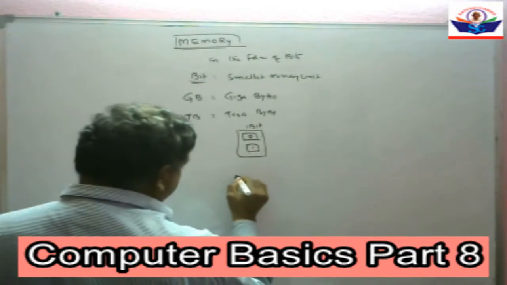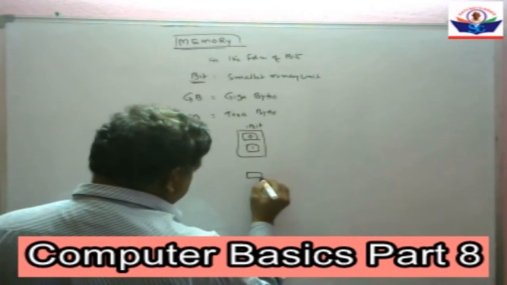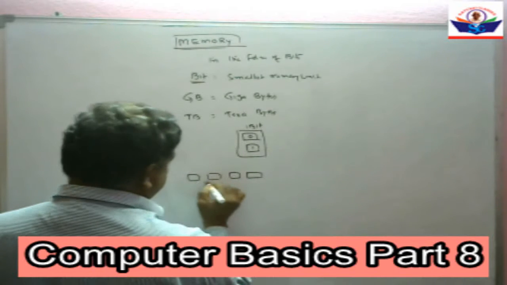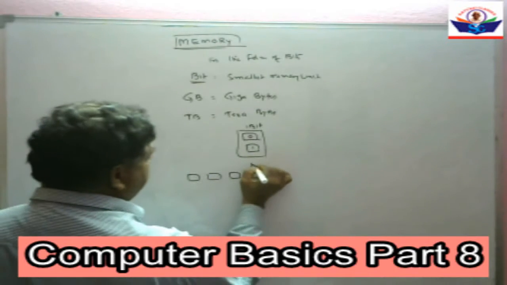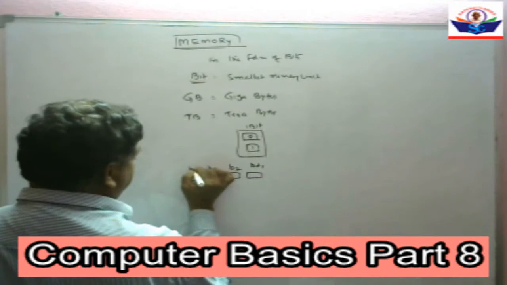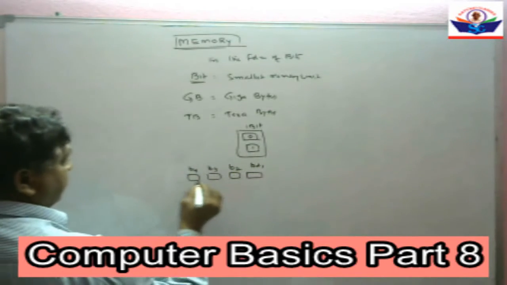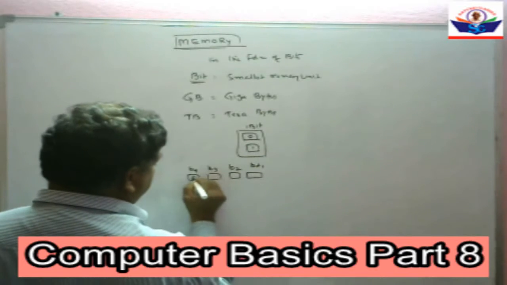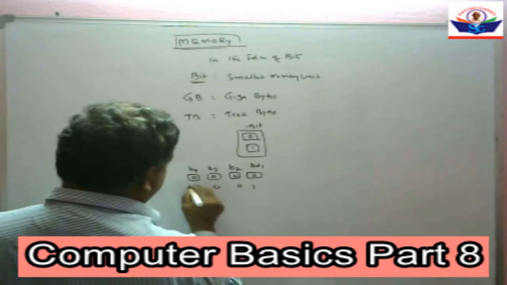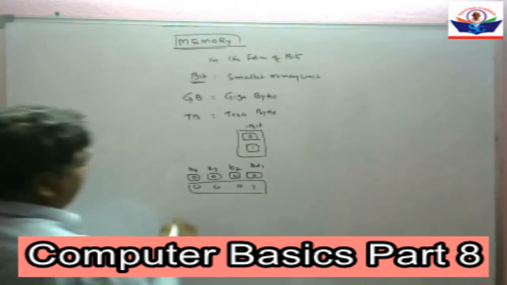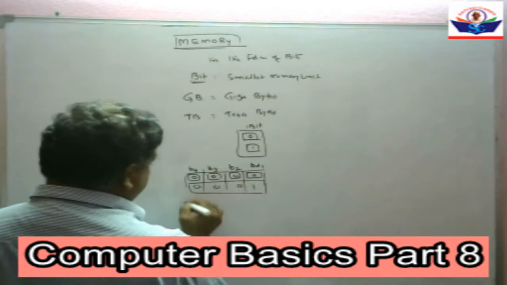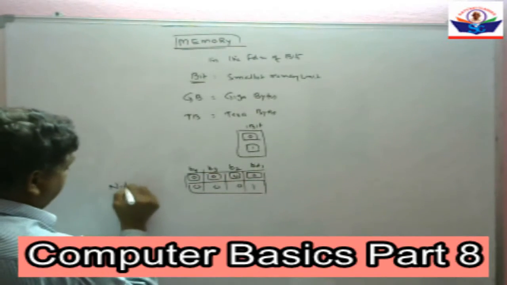If we group 4 bits like this, bit 1, bit 2, bit 3, bit 4, making 0 0 0 0 or 0 0 0 1, it is called a nibble.